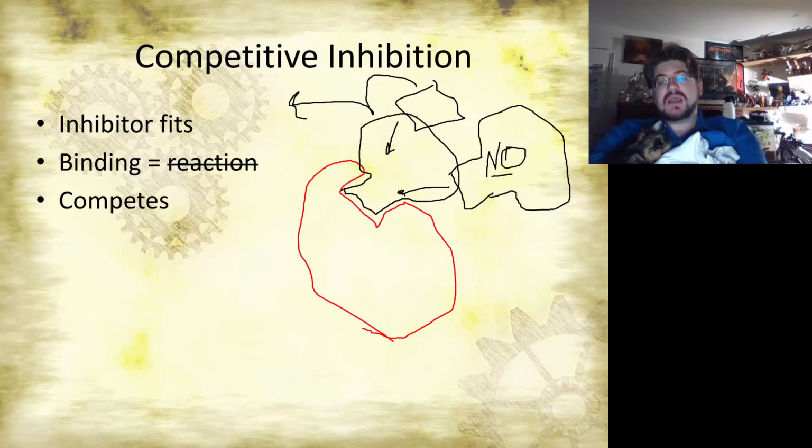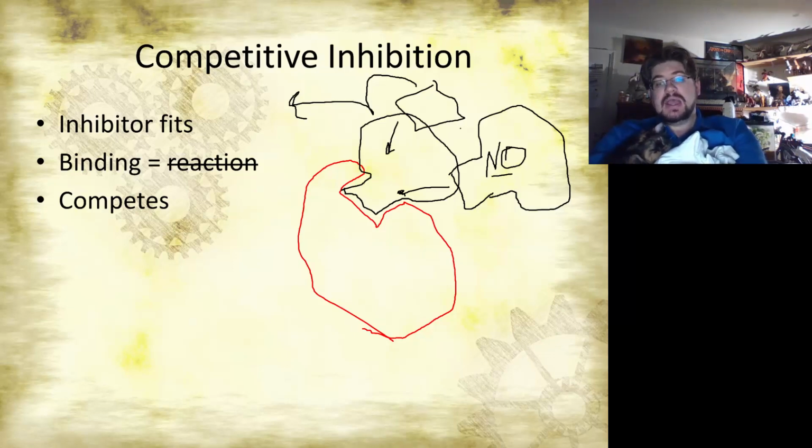In effect, a competitive inhibitor competes with the substrate for the active site. And how much inhibition occurs is going to depend entirely on the concentration of substrate versus the concentration of inhibitor.